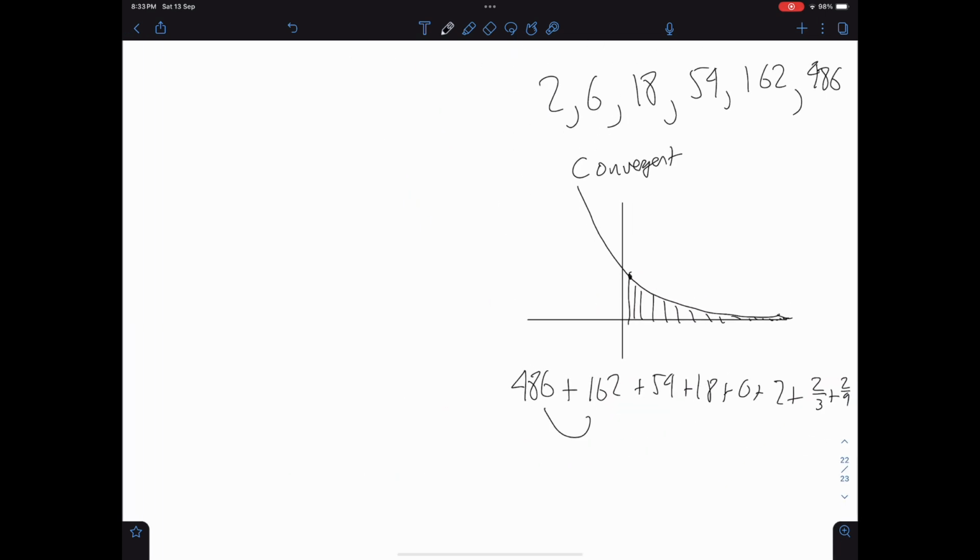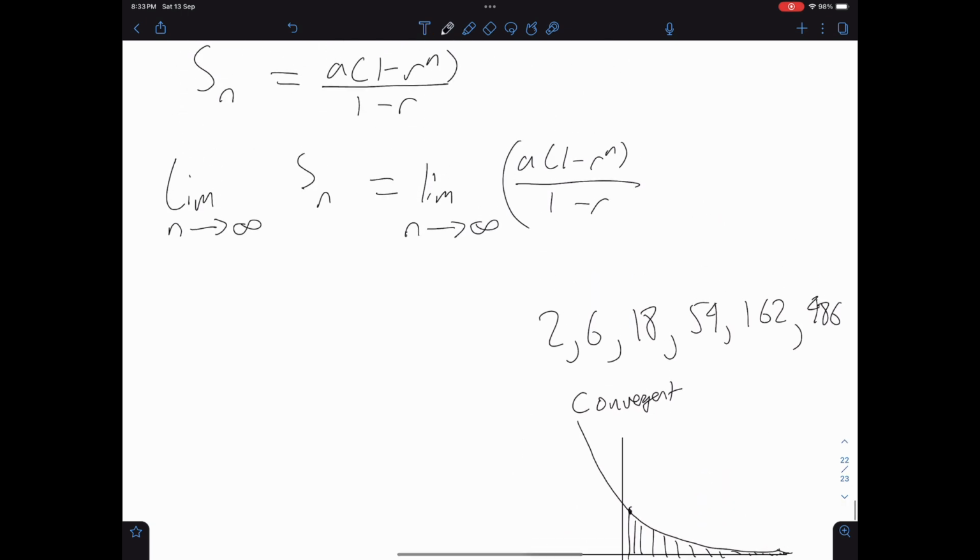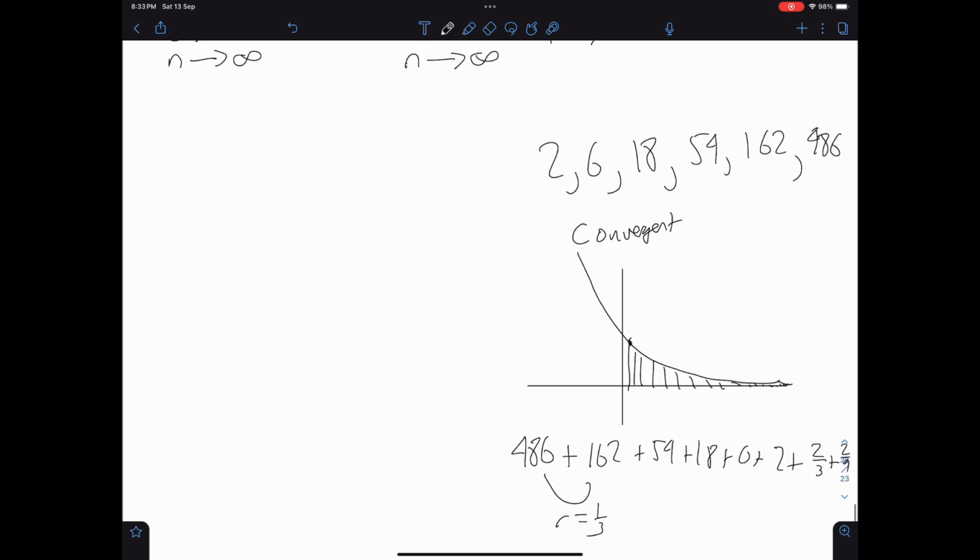By the way, this has a ratio of 1/3. You can have a common ratio that is a fraction. So we say that the first is not convergent, that's divergent.